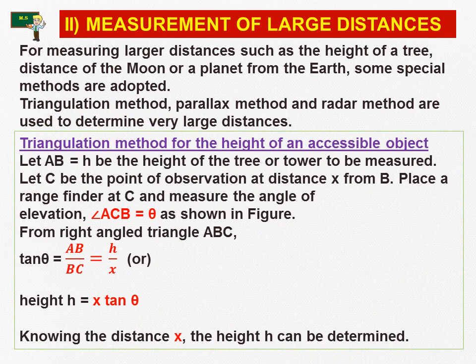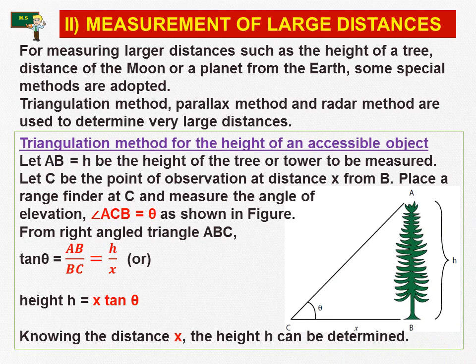Let's see first about the triangulation method. If you have to measure the height of this tree, then you have to go with some basic steps. Let us see what are the steps to measure the height of the tree. Do you think it is easy to measure the height of a tree?